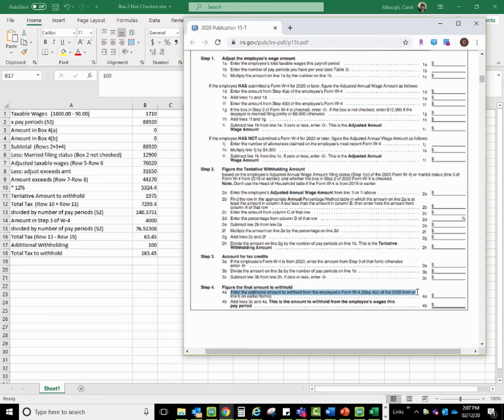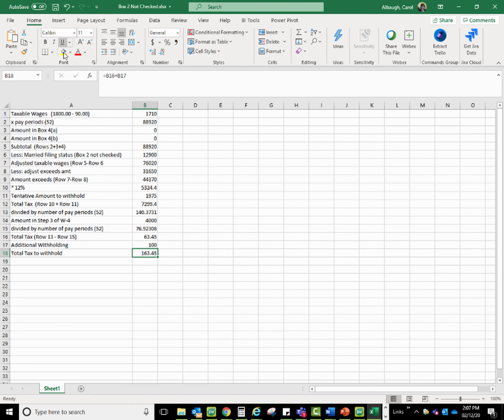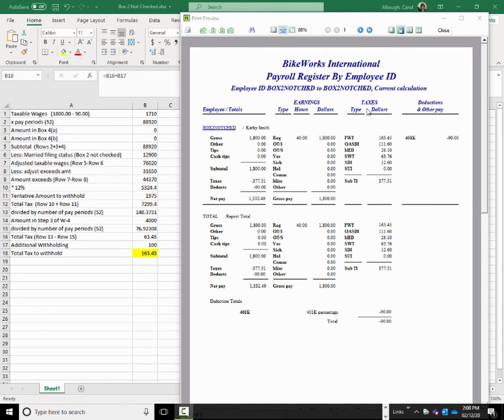Remember, our employee entered $100. Our total tax is $163.45. Let's see how this compares to the BusinessWorks calculation. And when we look at our payroll register, we can see that the amount of FWT withheld is $163.45.